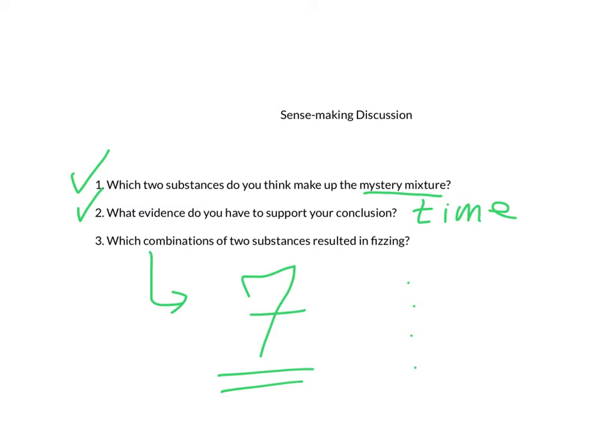So again, in this sense-making discussion, I want us to think about which two might have made up the mystery mixture, what support do you have, so you're going to have to read from your data, and what were the 7 total combinations that could be the mystery mixture?